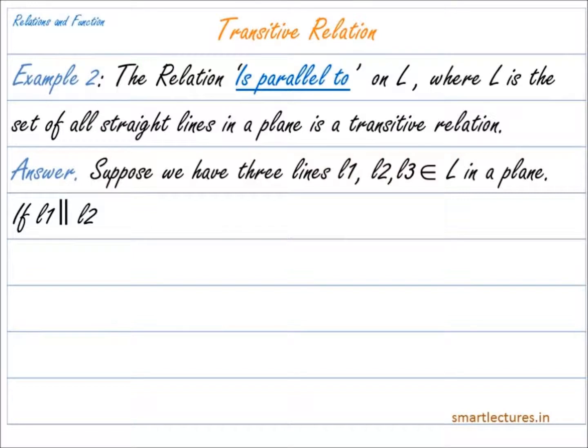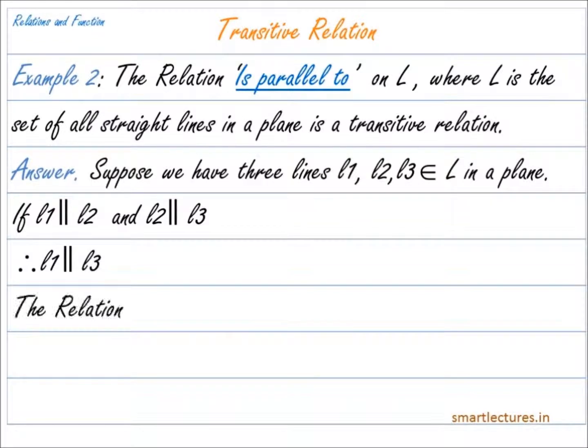Now if L1 is parallel to L2 and L2 is parallel to L3, that also means L1 is also parallel to L3. Now that means this is a transitive relation, or the relation is parallel to on L, where L is the set of all straight lines in a plane, is a transitive relation.